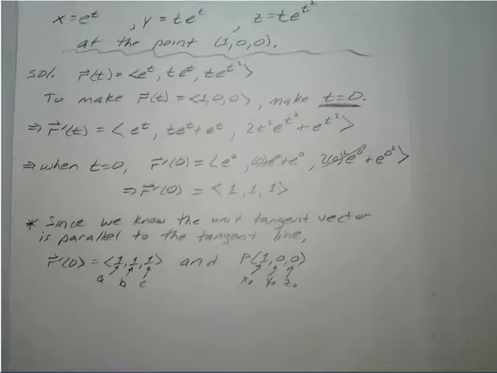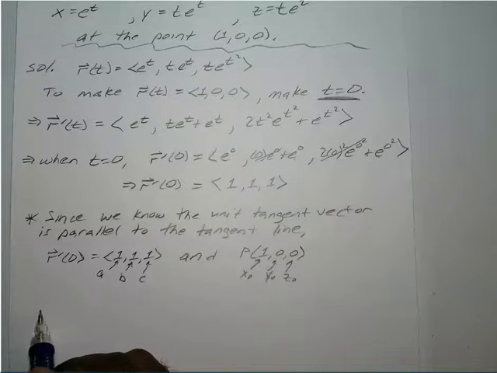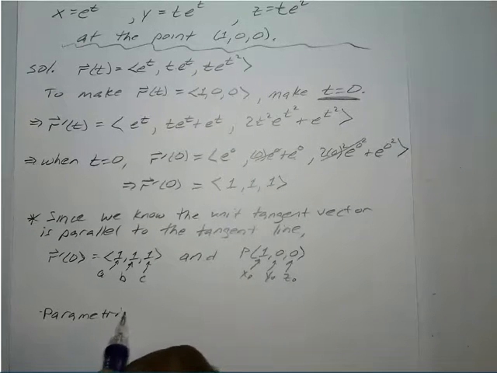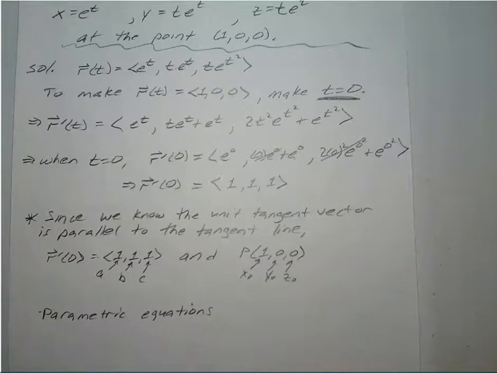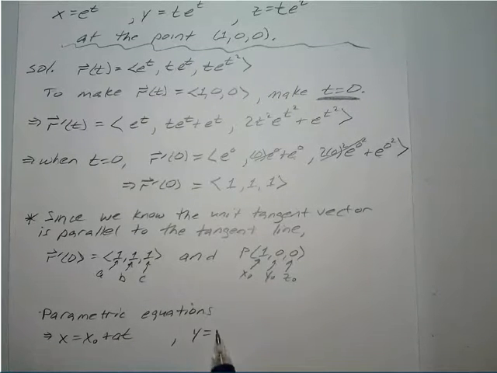Just like before, we go ahead and plug those right into our parametric equations. So x is equal to x0 plus at, y is equal to y0 plus bt, and z is equal to z0 plus ct.